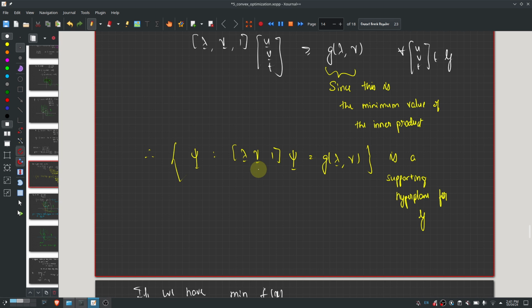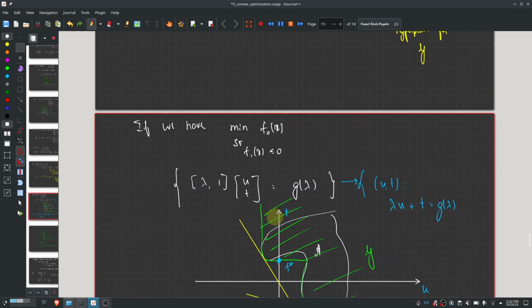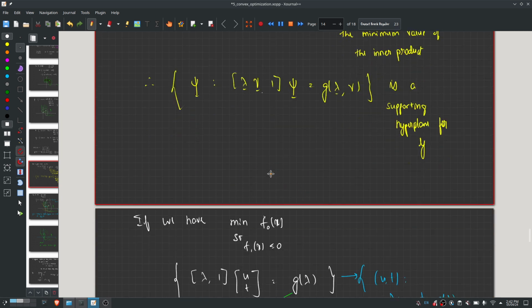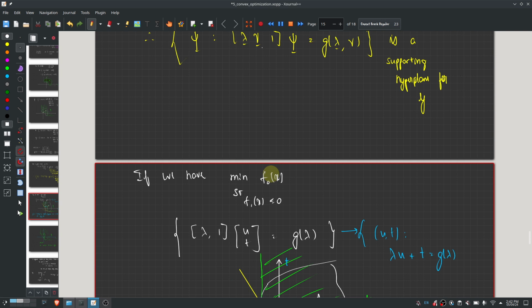It's a non-vertical supporting hyperplane, which means that it can never be parallel to the t-axis. Think about it for a little while: if this were equal to 0, that would correspond to a supporting hyperplane that is parallel to the t-axis, which cannot happen because for g of lambda, nu to make sense, the intercept with the t-axis would have to be finite.